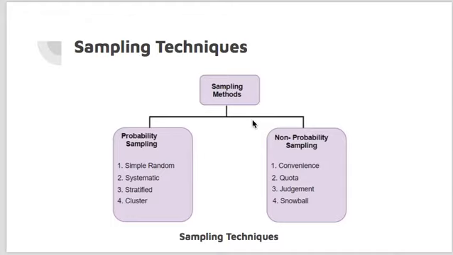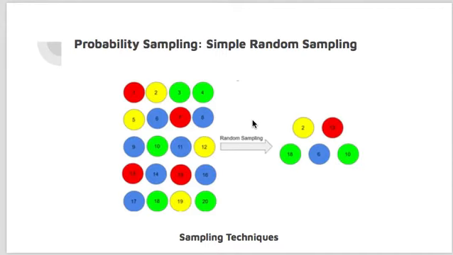Under probability sampling, the first sampling technique is simple random sampling. The individual or the sample is chosen entirely by chance, and each member of the population has an equal chance of being selected. As I said, the numbers from 1 to 20 under red, green, blue and yellow.